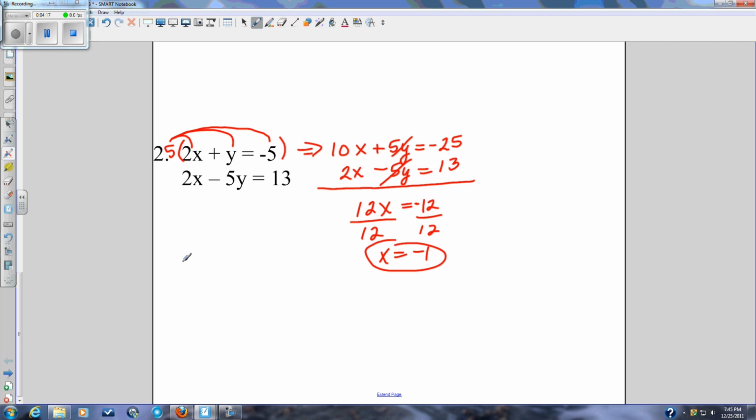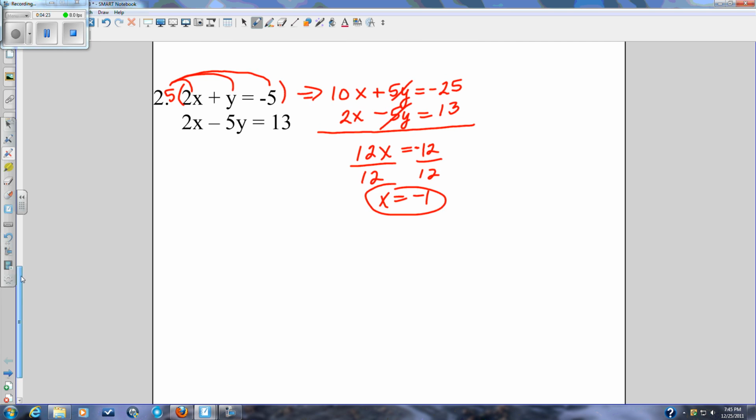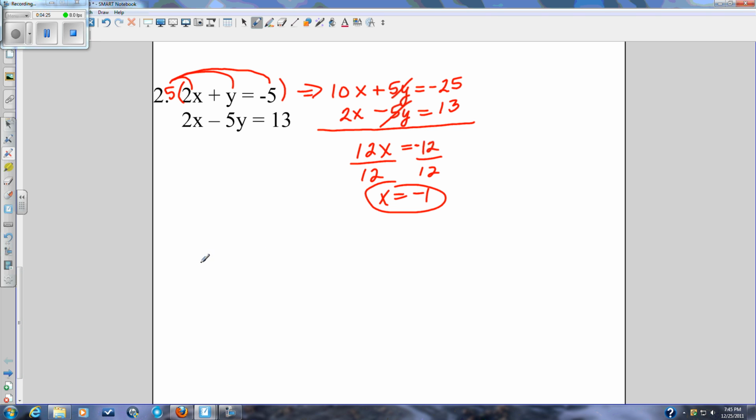So there's the first part of our ordered pair. Now, in order to find out what y is, we need to substitute x equals negative 1 into one of the equations. It's up to you which one you use. Let's say that I use the first one. So I'm going to substitute x equals negative 1.